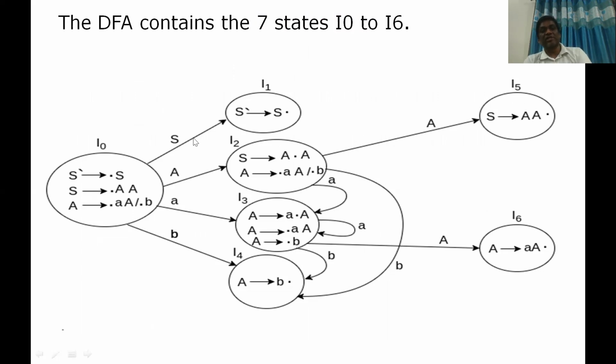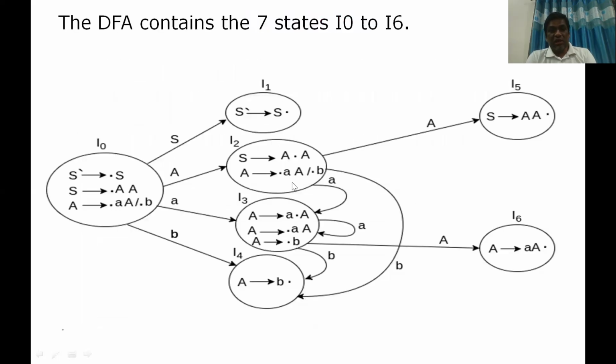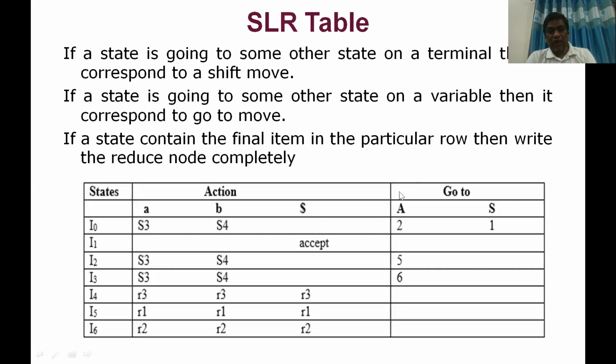What we write is simply the corresponding state number. So I0 on capital S is 1. Just write the state number. Similarly, I0 on capital A is 2.